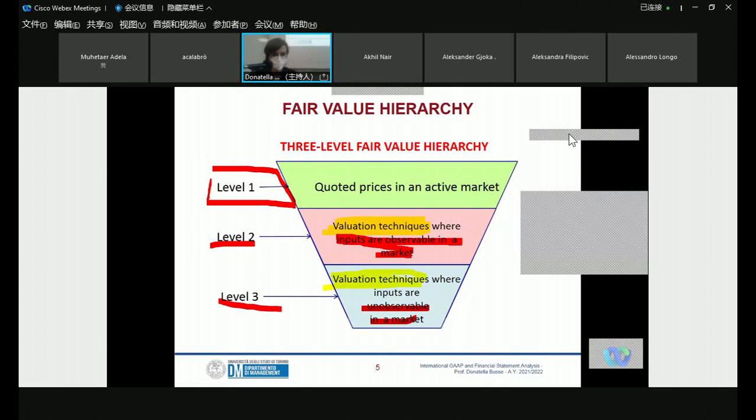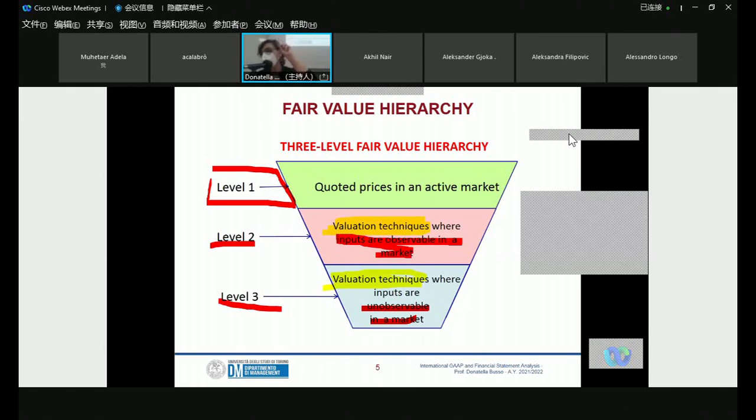So level 2 means that the asset is not listed. We cannot simply read the fair value, we need to compute the fair value. But the valuation technique to be used is the same, because these are not complex instruments.